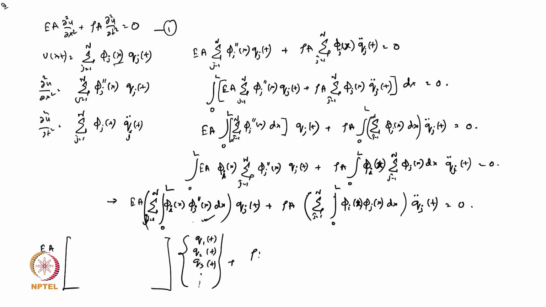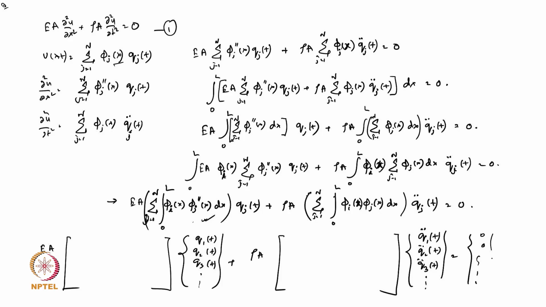Plus rho A, q1 double dot t, q2 double dot t, q3 double dot t, like this, equal to 0, or some forces may also come into the picture. Agreed?